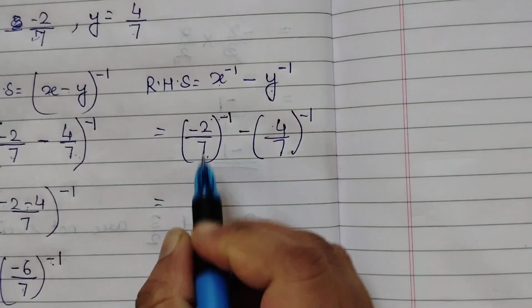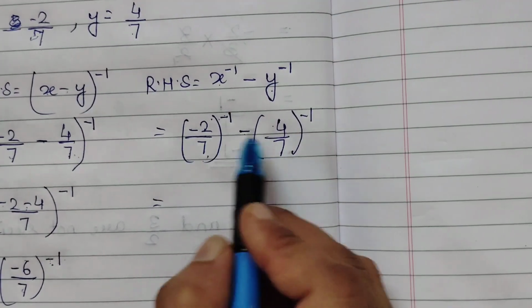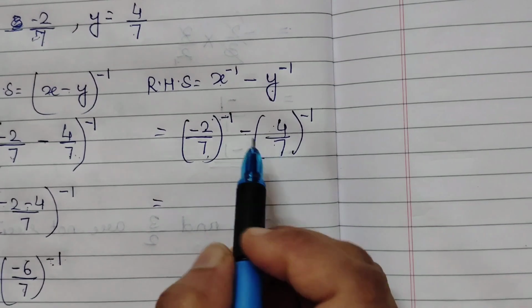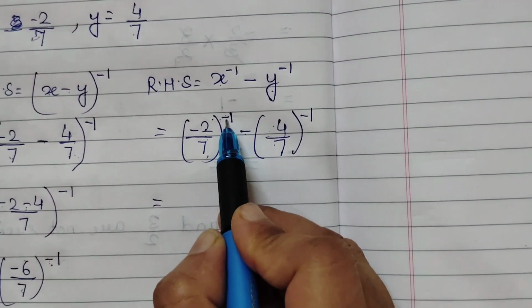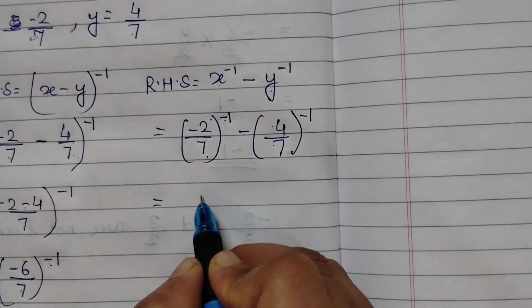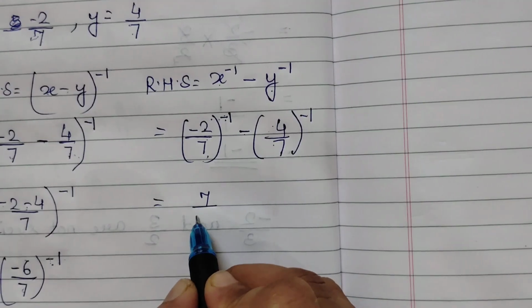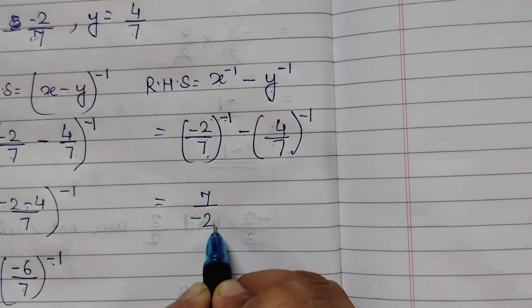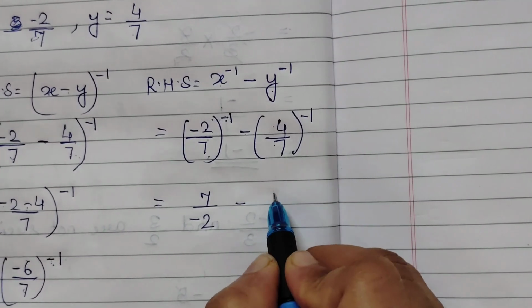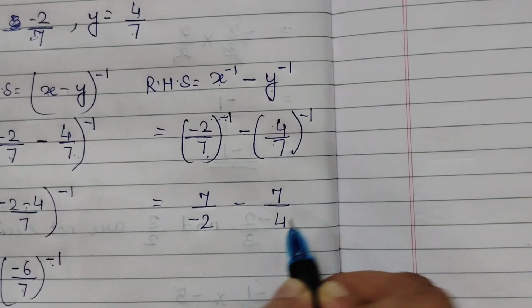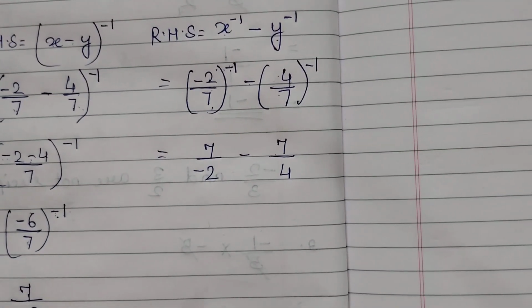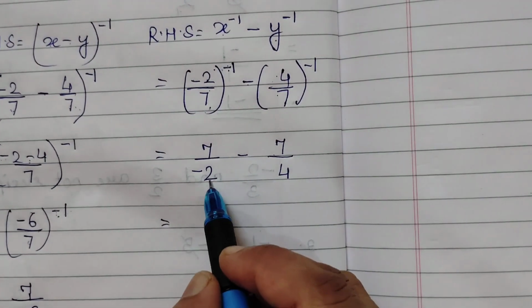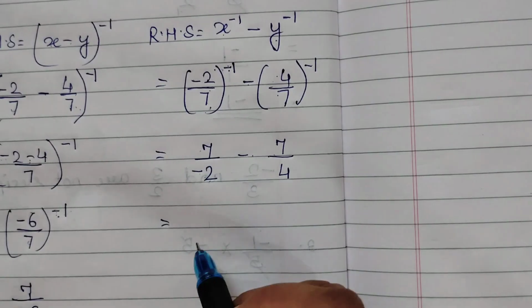Okay. Now see, we have to subtract, but we cannot subtract it directly. So first I will write the reciprocal. Now if I remove minus 1, this will reciprocate. So I will get 7 upon minus 2, and here 7 upon 4 I will get. Okay. Now I have to subtract, but I will put this minus sign up.